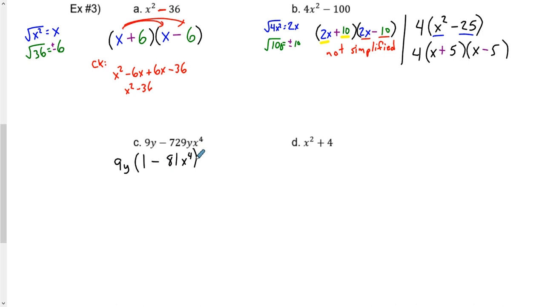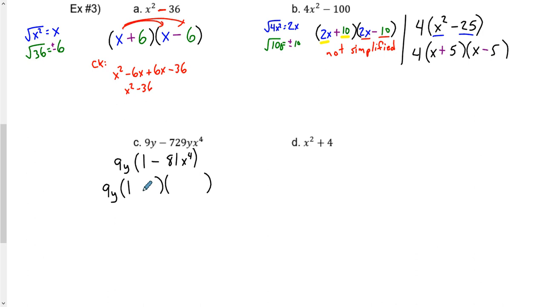Now that I've factored out my greatest common factor, I can look at this. Are these both squares? Yeah, 1 is 1 times 1. 81 is also a perfect square. It's 9 times 9. And x to the power 4 is actually x squared times x squared. The last thing we really need to look at is, is it a difference? Yeah, it's subtraction, so we're good. So with the 9y, I can make my two sets of brackets.